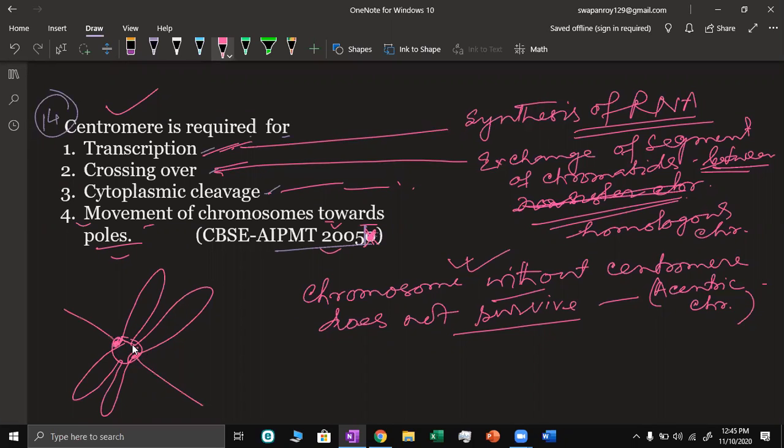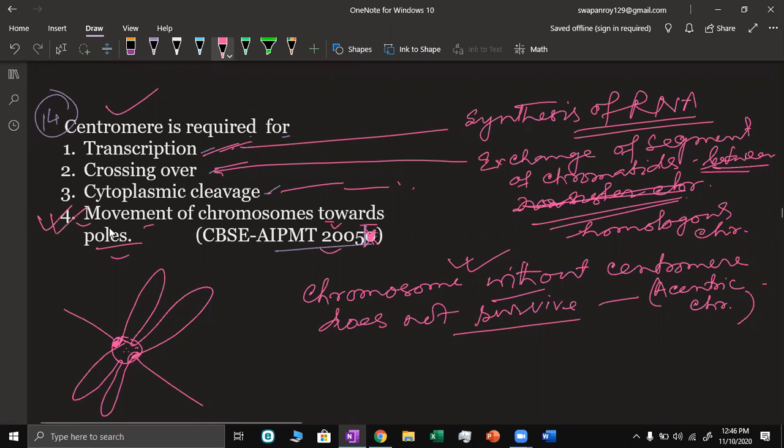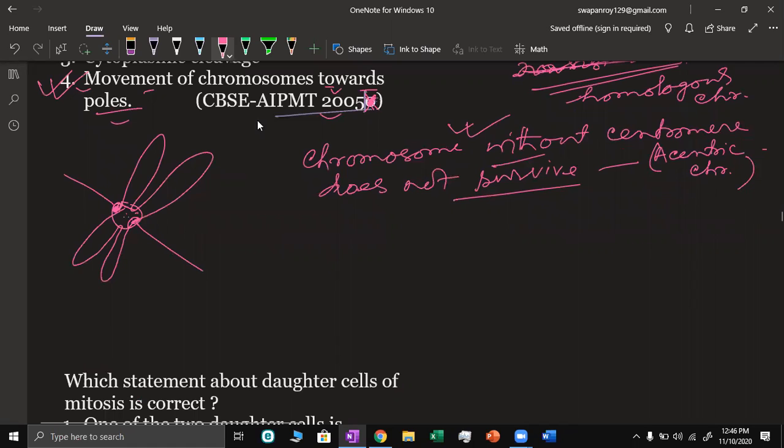Otherwise, the chromosome will not move to the opposite pole after anaphase. This is also CBSE PMT 2005.